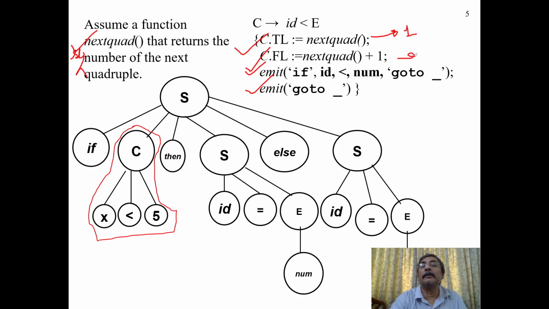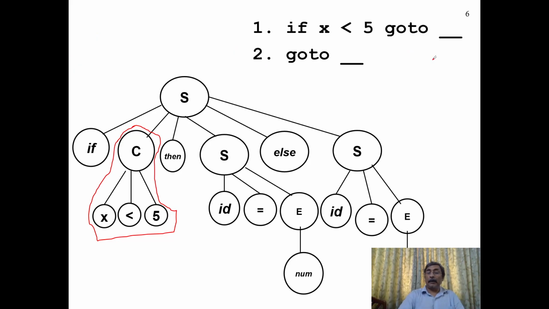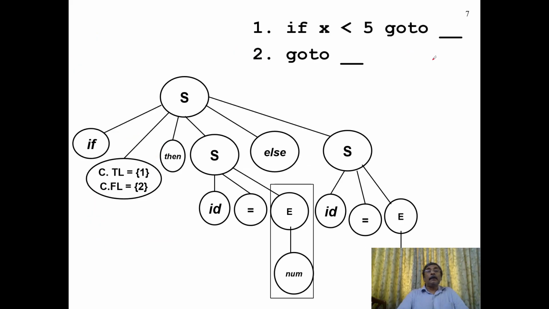This returns me 2. So C.truelist is 1 and C.falselist is 2. And that's how I go to, at this stage, I generated these two lines. I remembered C.tl is 1 and C.fl is 2, and then I go to the next reduction, which is this reduction.